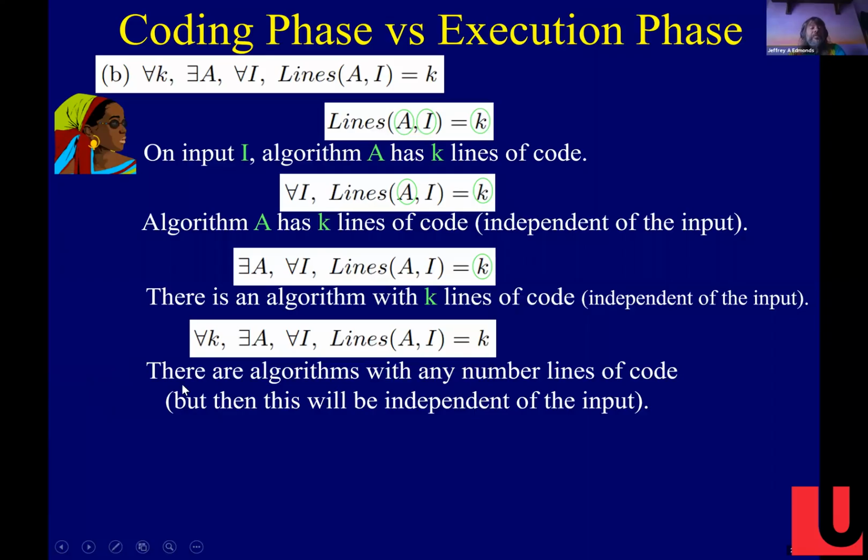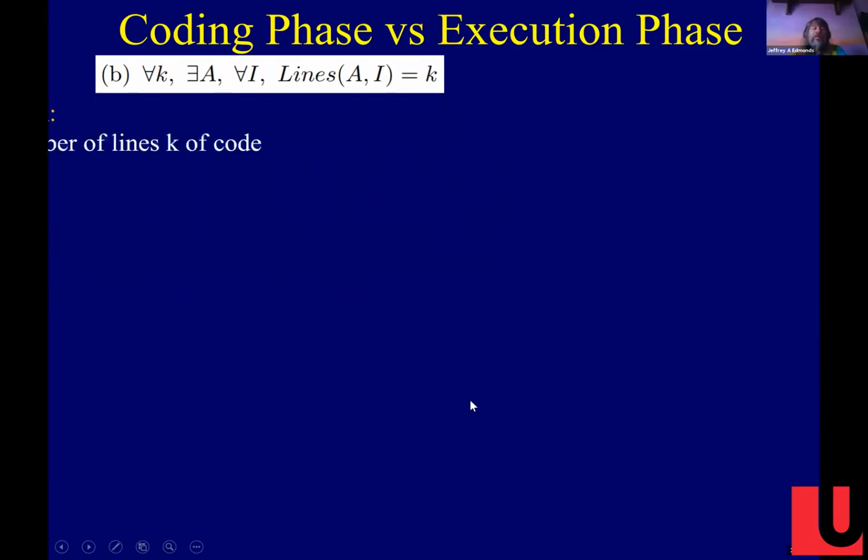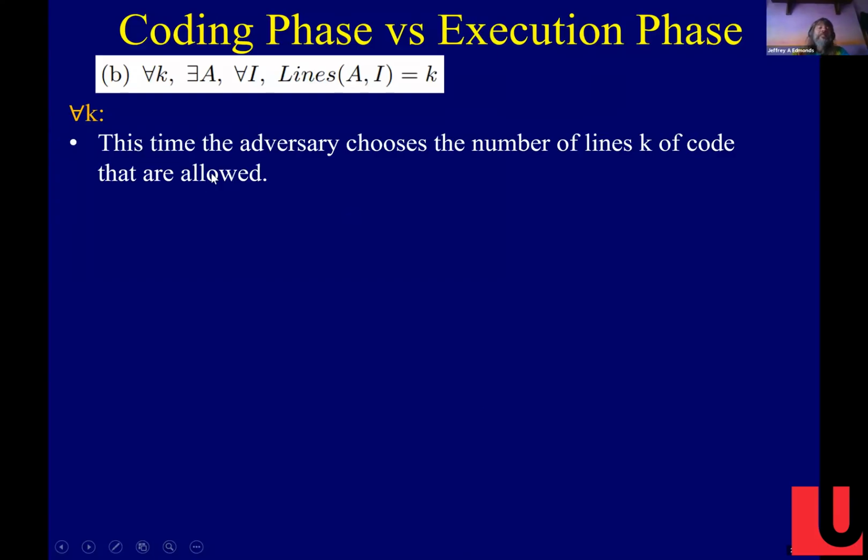So for every K, you give me some K, and I can give you an algorithm that has K lines of code. There are algorithms with any number of lines of code, and it will be independent of the input.